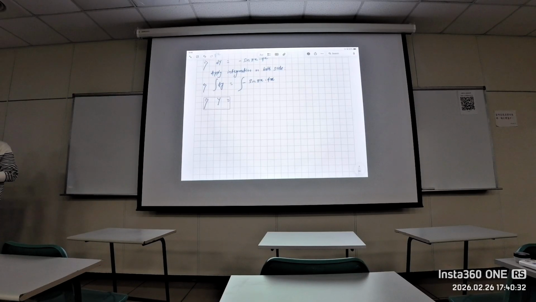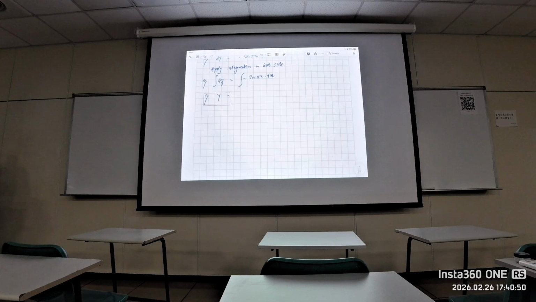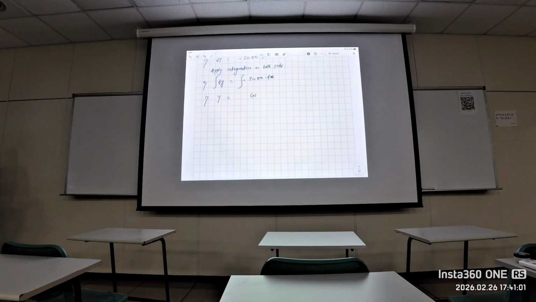Say louder. Cosine x? What? Cosine x? Only cosine x? Or negative cosine x? Yeah. So for sine x it is negative cosine x, so minus minus become plus, so I can simply write cosine x, so actually it is pi x, so it becomes cosine pi x, and we have to divide by the pi here, and with that we can add a constant.